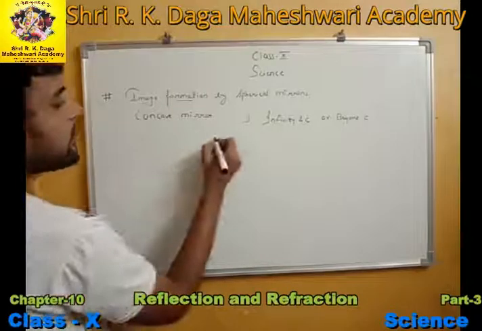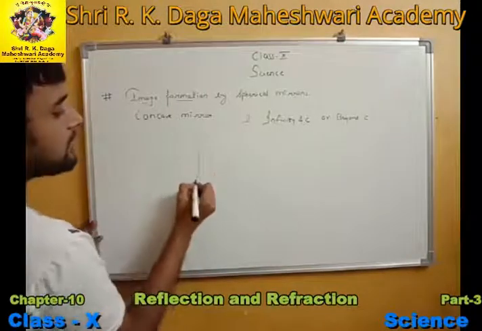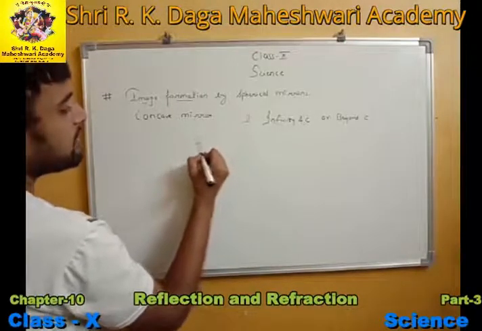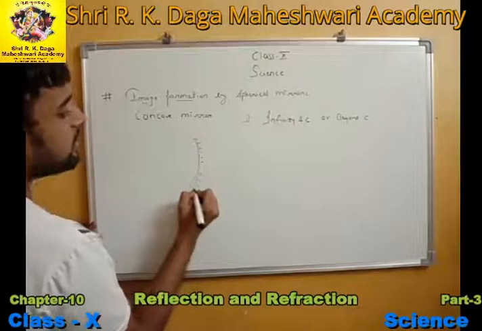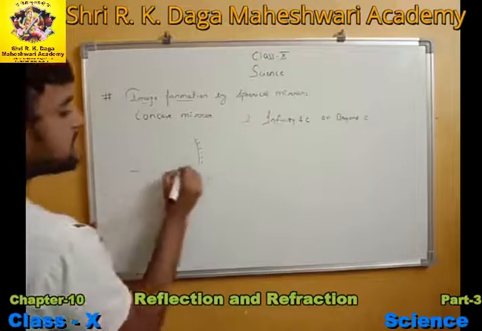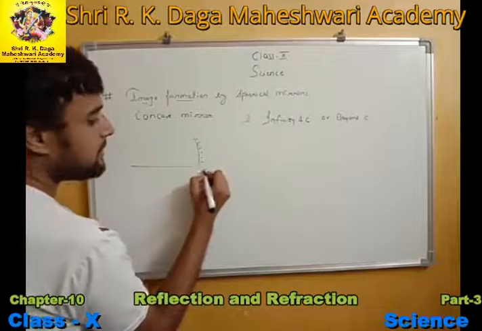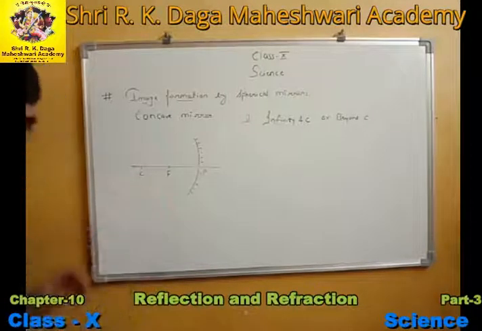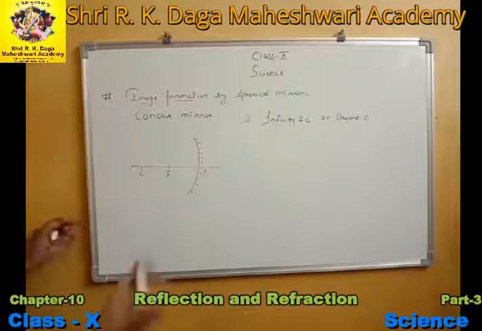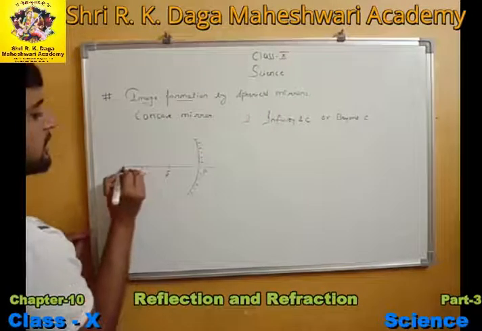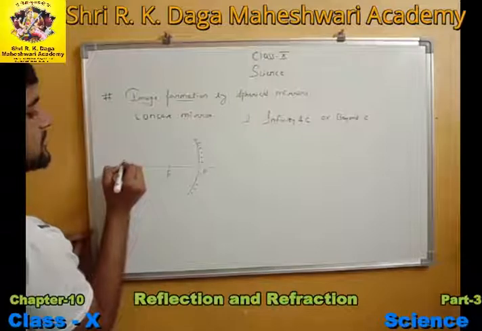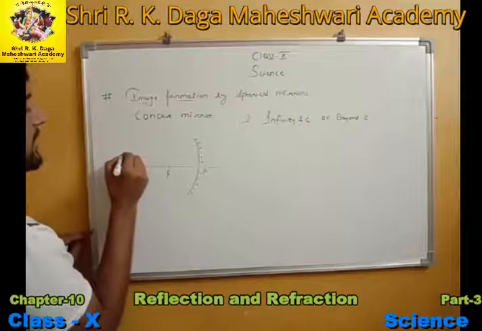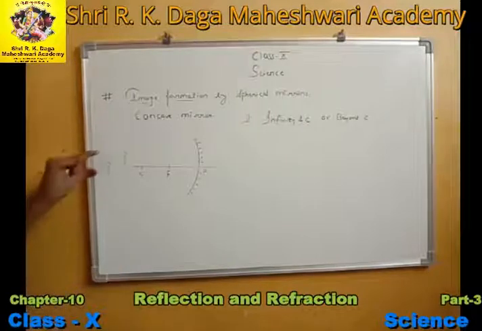Okay. First of all, let us consider a concave mirror. The mirror which is polished from outside is a concave mirror, right? This be the principal axis, P be the pole, F be the focus and C be the center of curvature. Now in the question it is said that our object should be beyond C, right? So our object should be at this place, somewhere here.